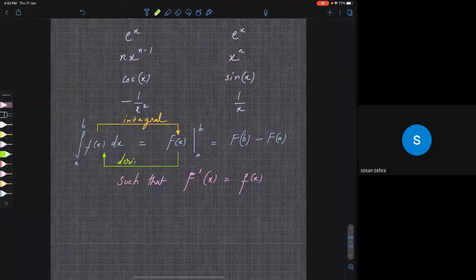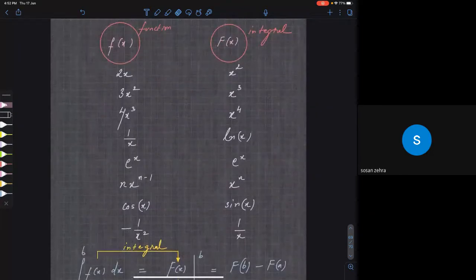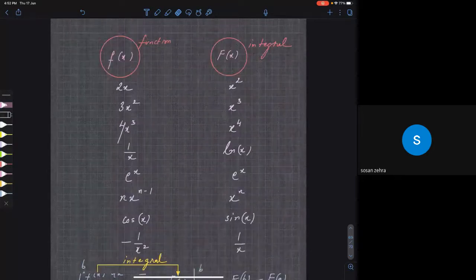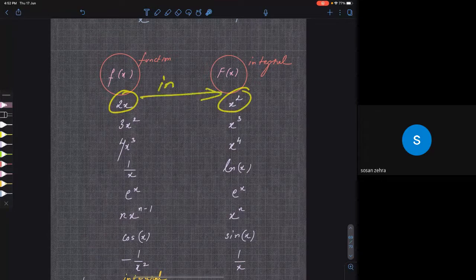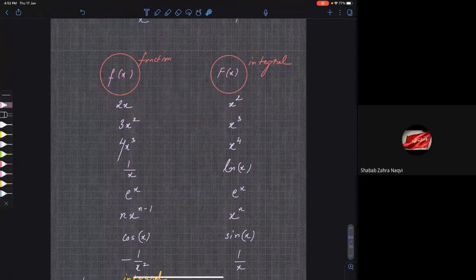So basically we have seen here that integrals and derivatives are the other way around. That means the integral of 2x is x square such that the derivative of x square is 2x. The derivative of x cube is 3x square.